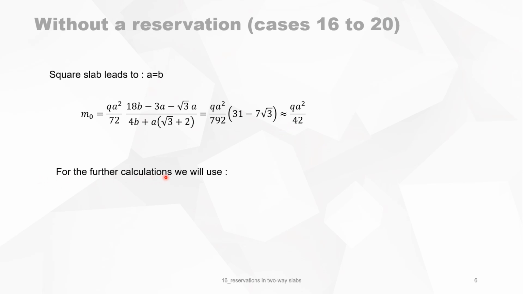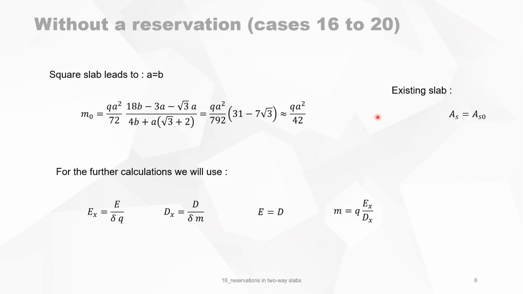For the further calculations, we will use EX because it's easier to write, dx as V divided by delta M, and E equals D. From that, we find that the bending moment is the load in ULS times EX divided by dE.